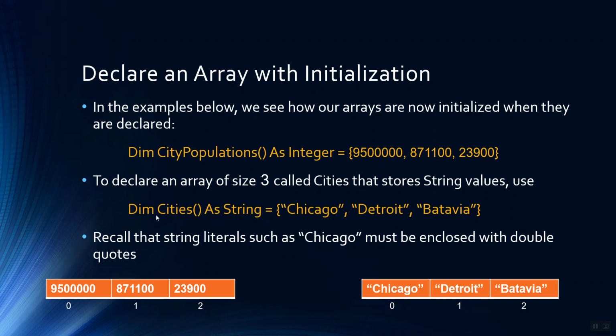The same goes for this example. Here we have the syntax to declare and initialize an array called cities with Chicago, Detroit. Now notice each of these 3 values has double quotes around it. That's important, remember, because when we're working with string literals, we must have double quotes around the values. So this statement here would create the second array down here on the right.